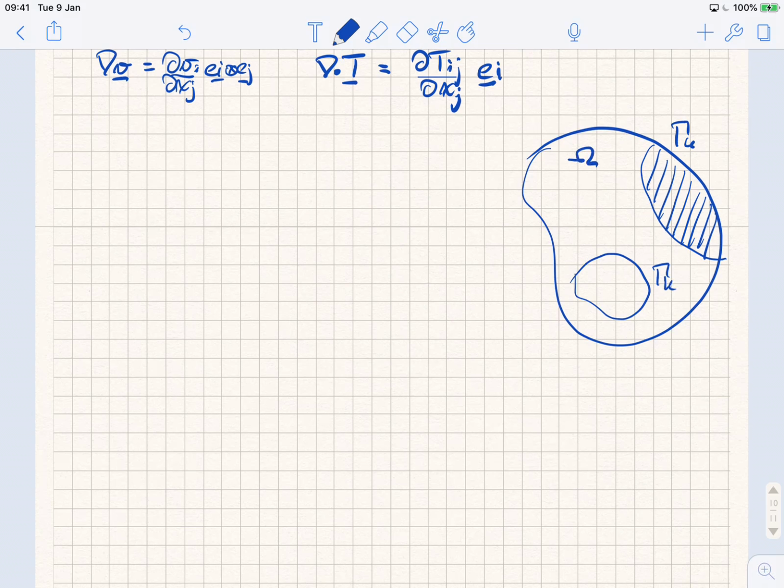So this is my omega. Then there is another portion of the boundary that I'm going to call gamma h, and this is where we're applying what type of boundary condition? The mixed, or the Robin, or the convective boundary condition, and the rest is gamma t, which, as you know, is the part of the boundary where we apply Neumann boundary conditions.